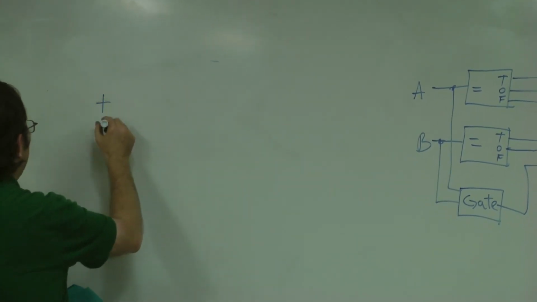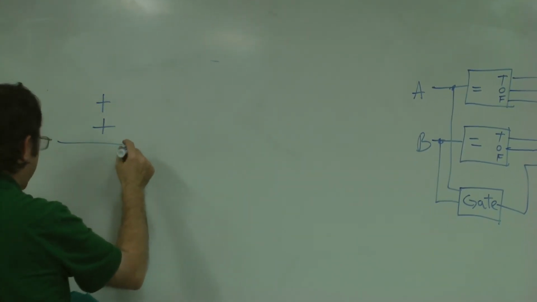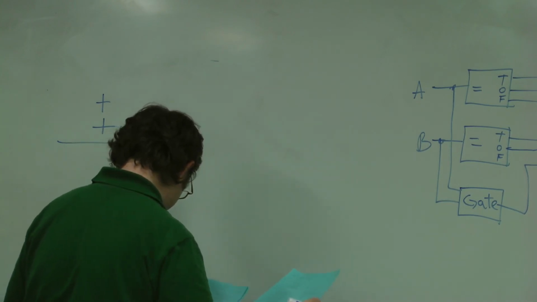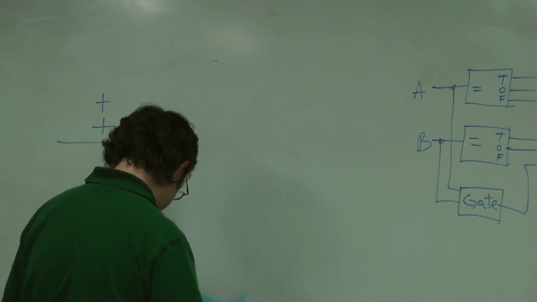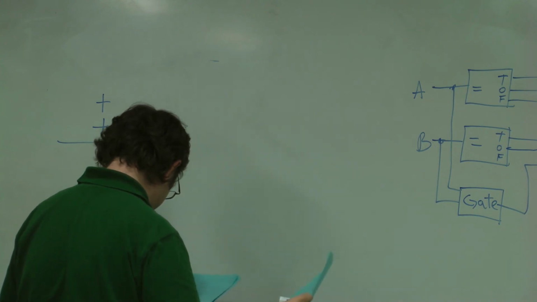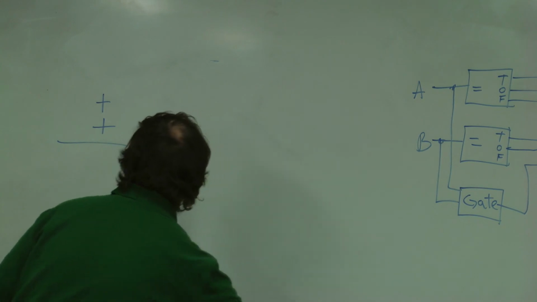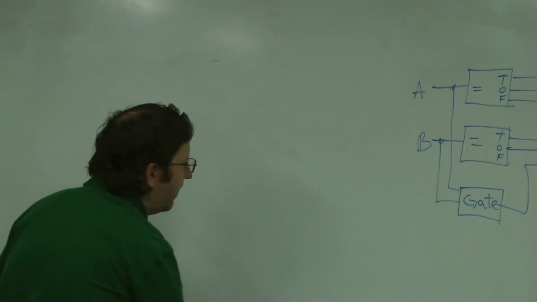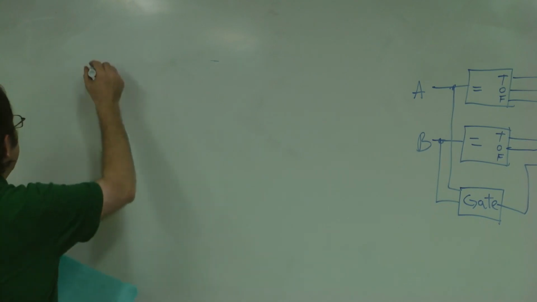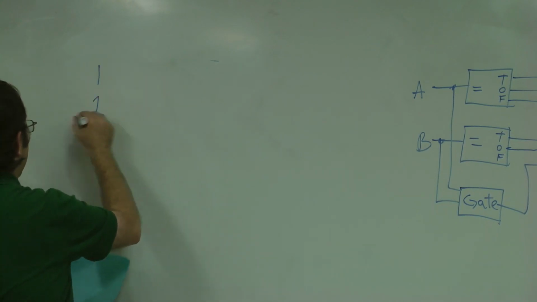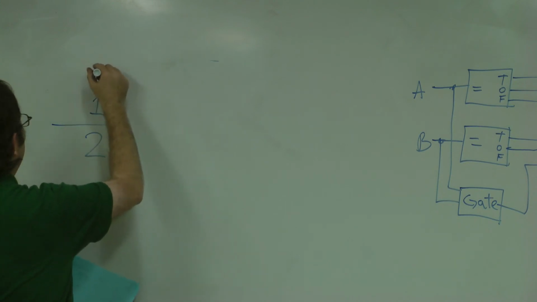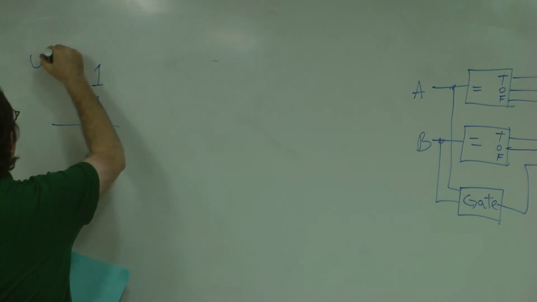So basically, there are a couple of ways you could represent numbers, and this one is using the typical unsigned.